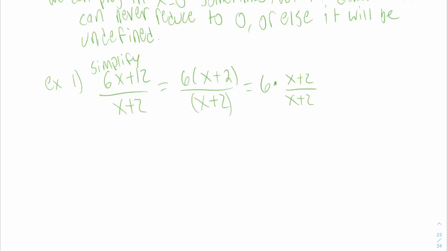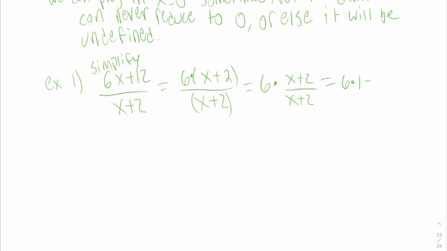I think we've used this fact before, but I don't think I've ever drawn it out and shown that it's because this 6 is multiplying. It doesn't have to multiply on the top. It can multiply off to the side. We can have 6 times x plus 2 over x plus 2, and these two things are going to reduce. x plus 2 fits into x plus 2 exactly one time.